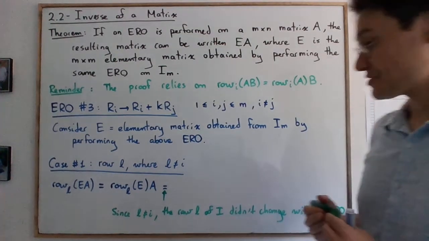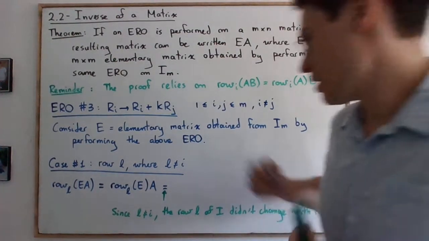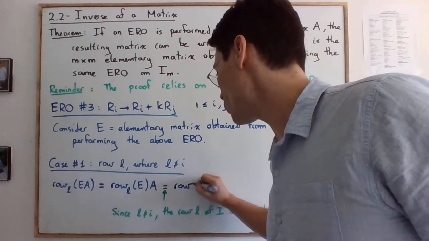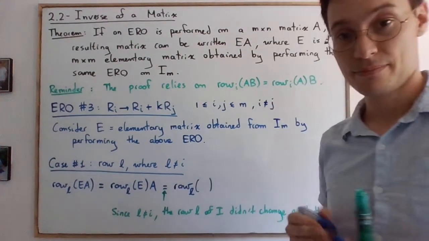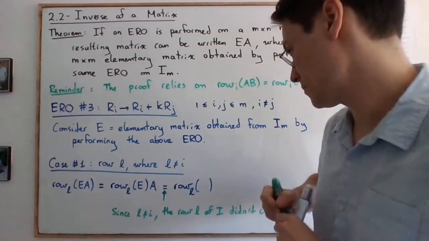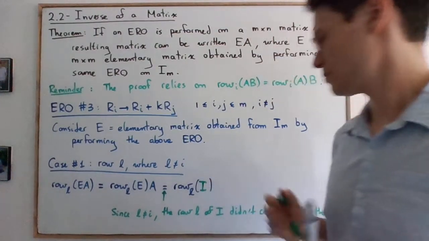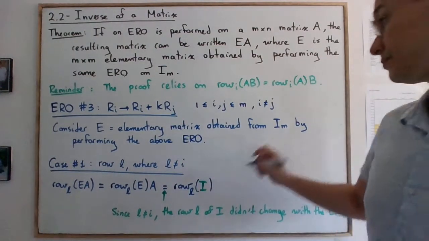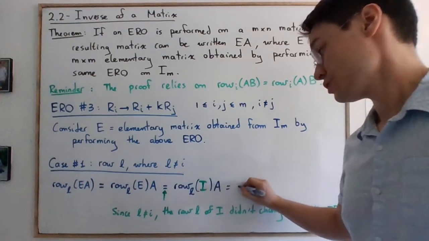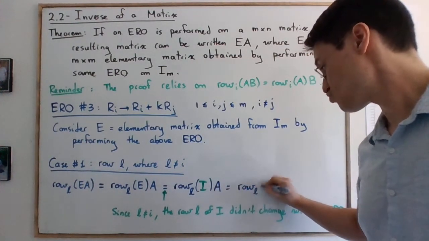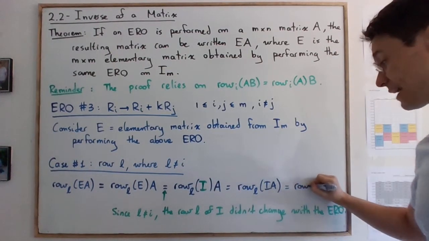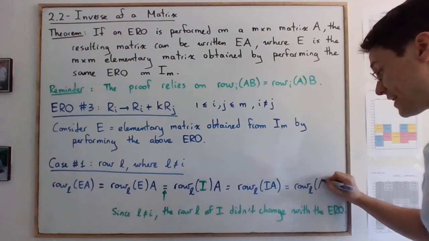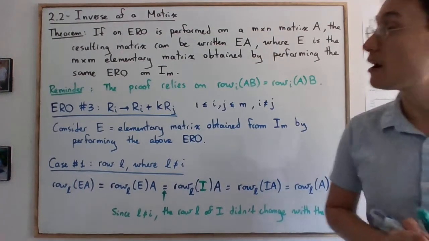Okay. So this means that we're dealing with also the row l of the identity matrix. So then we regroup, and I times A is equal to A, so we get the row l of A.